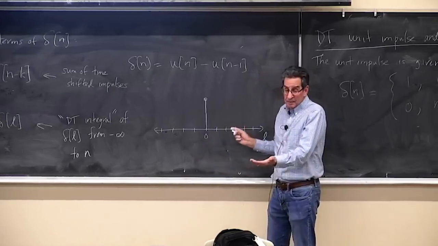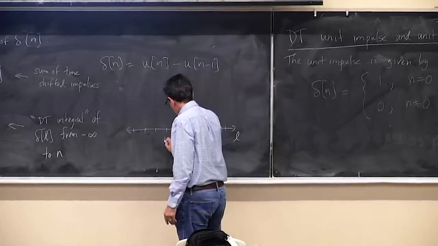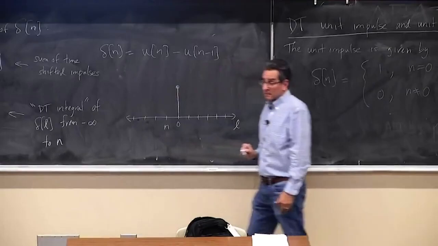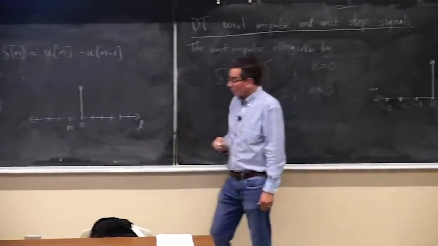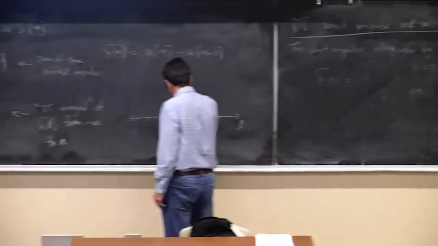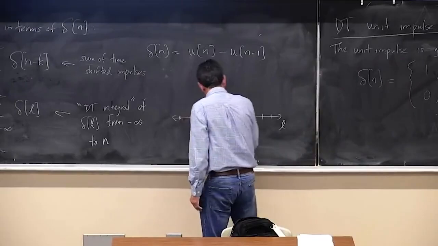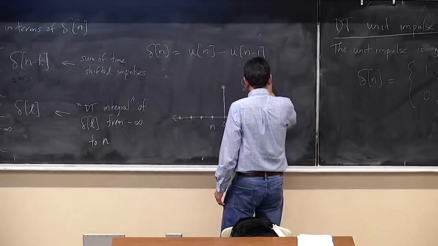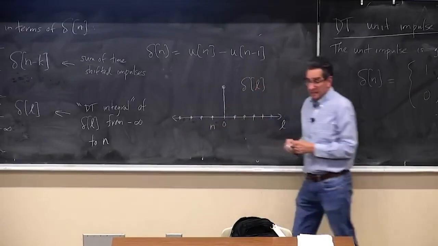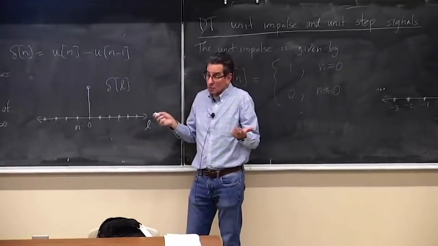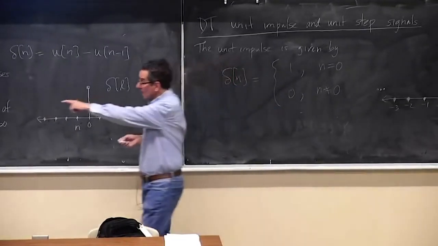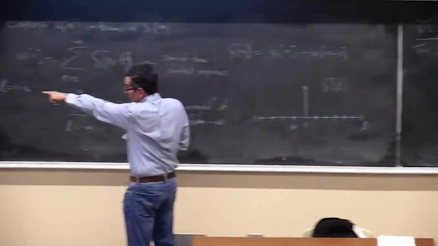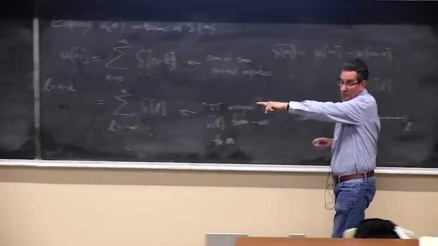Well, where's n? n could be over here. n could be less than 0. What happens when I sum up the values of that unit impulse signal, delta of L, from minus infinity to n? I get 0. I'm just adding up all zeros. And that's good because u of n should be 0 when n is less than 0.